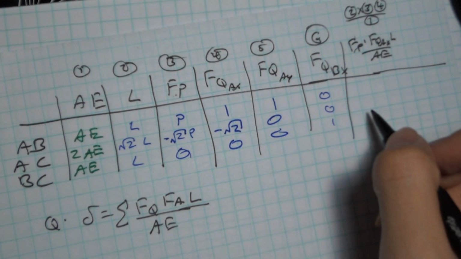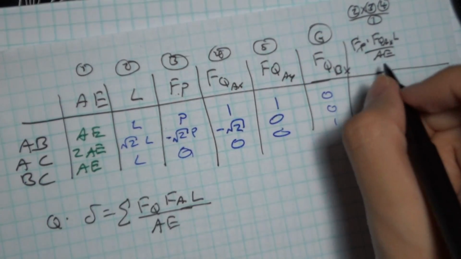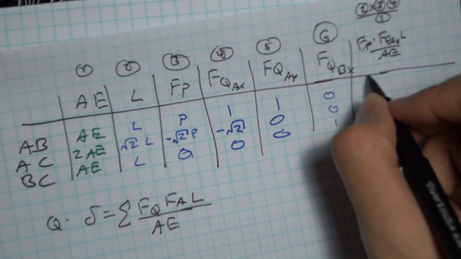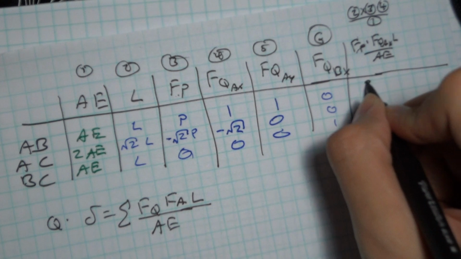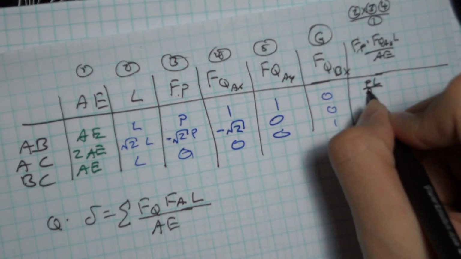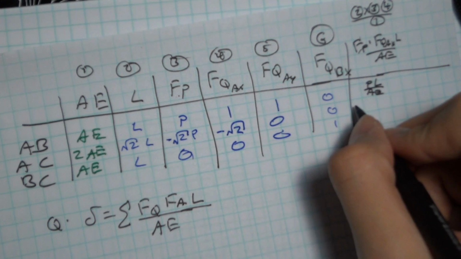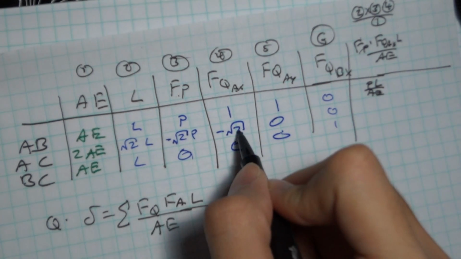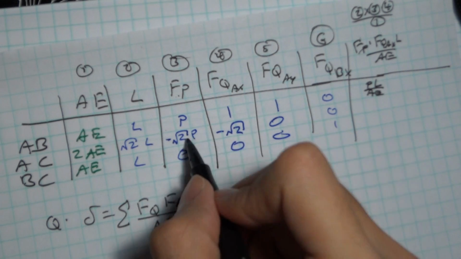I didn't actually calculate that out myself, but this should be relatively easy because we have nice numbers. So Fp times Fq is going to be P times L, just L. This is PL over AE. The next row is going to be square root of 2 times square root of 2 gives you 2, plus this p term, so it's going to be 2p.